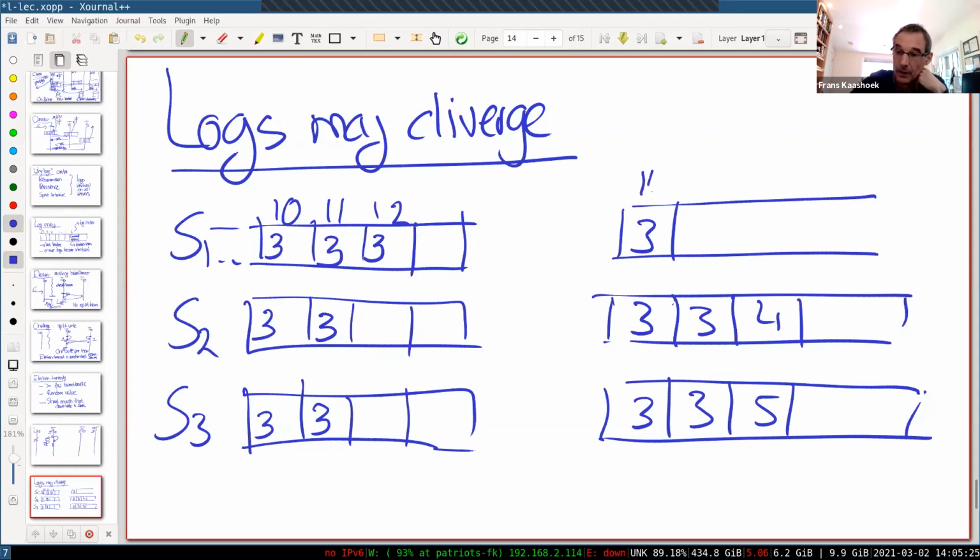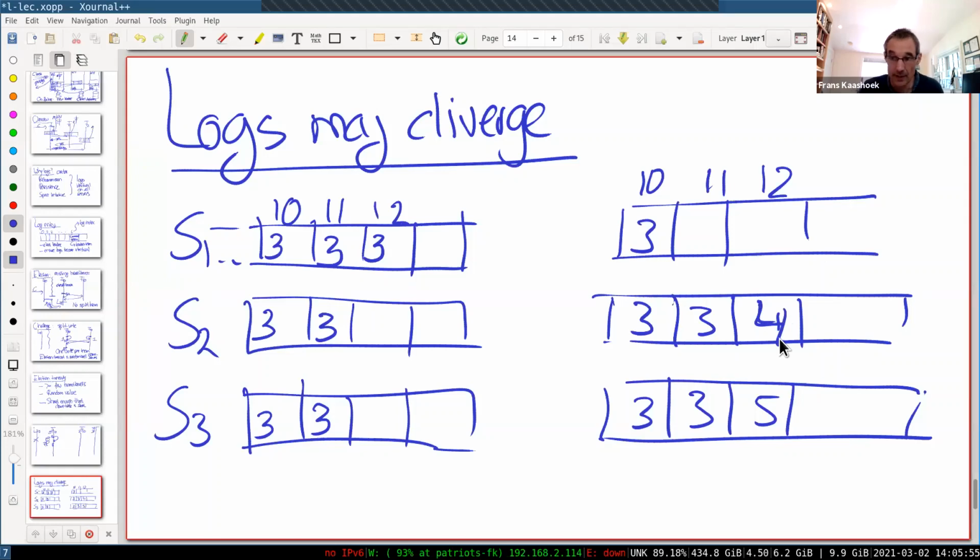In index 10, we have entries at all servers for term 3. In index 11, the first server has no entry. The other two have an entry for term 3. And then the last one, number 12, we have entries in index 12 at servers 2 and 3 with term numbers 4 and 5. So the first question that we need to ask ourselves is, is this possible?